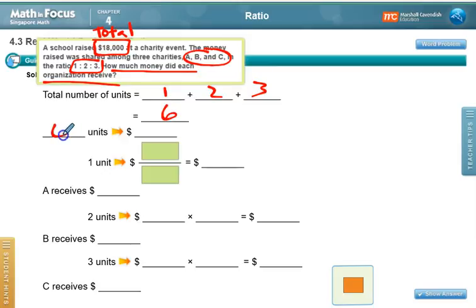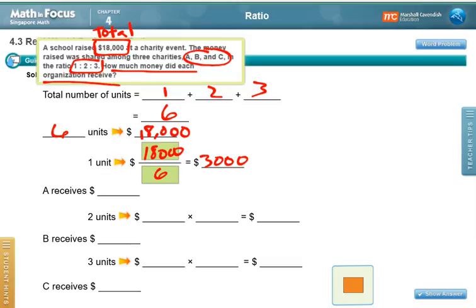That means that 6 units is equivalent to $18,000. So to find out how much one of these units is worth, we're going to divide. 18,000 divided by 6. So 1 unit is $3,000.